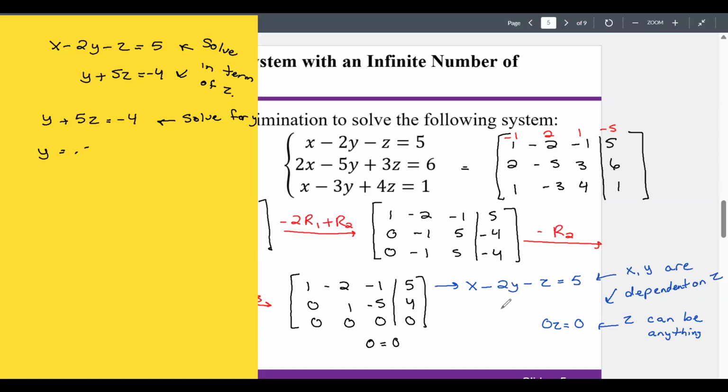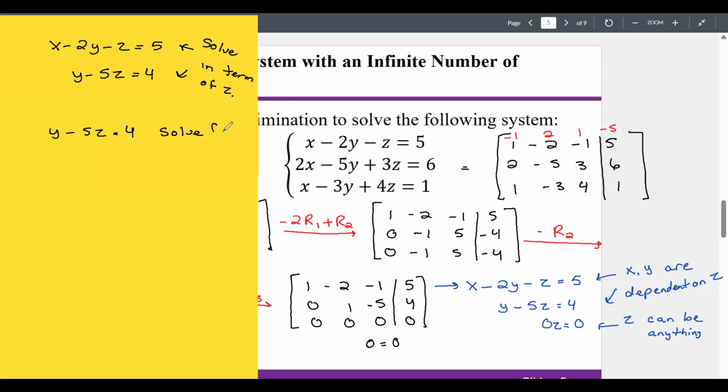What we have here is y minus 5z equals 4. Okay, yes, this is going to work now. So let me go back and fix here. The worst part about this is just making little silly mistakes. So y minus 5z equals 4.